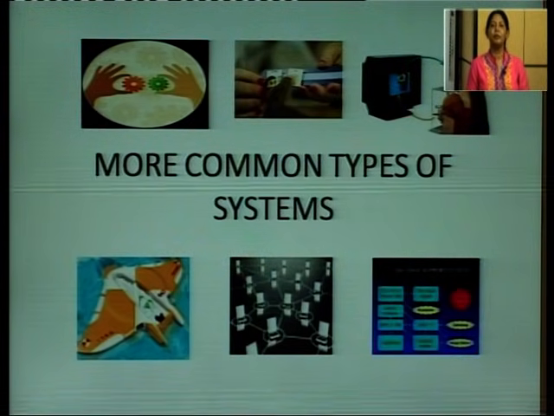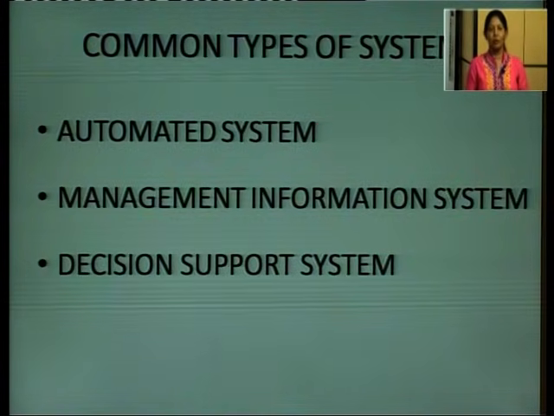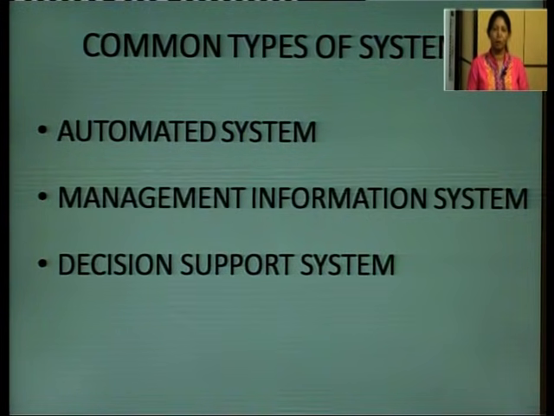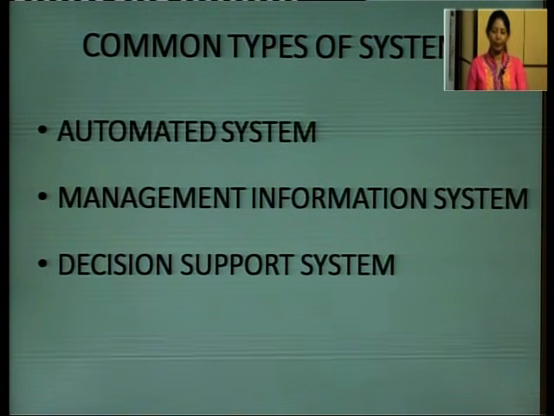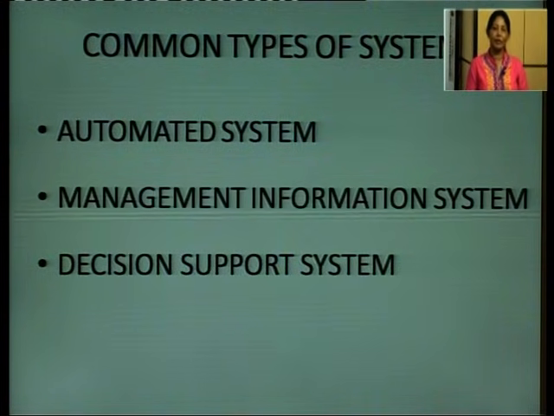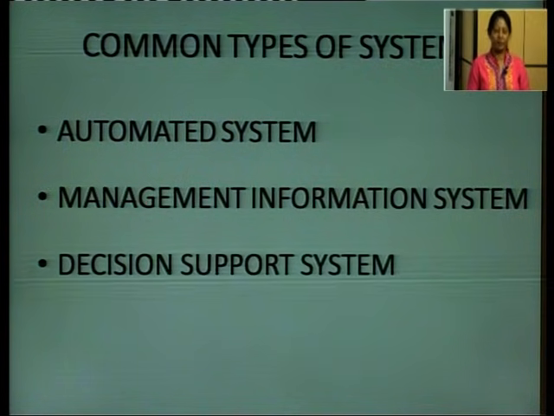So, some more common types of systems are automated system, management information system, decision support system.